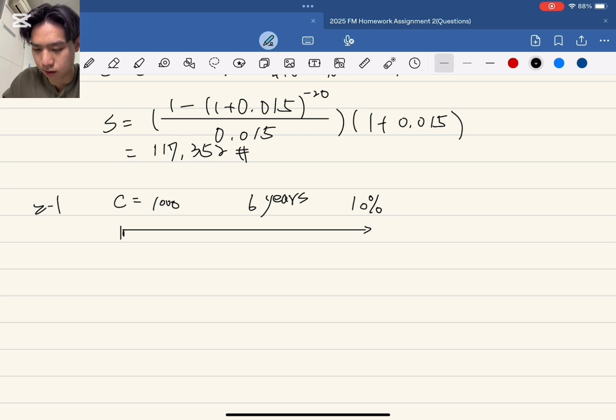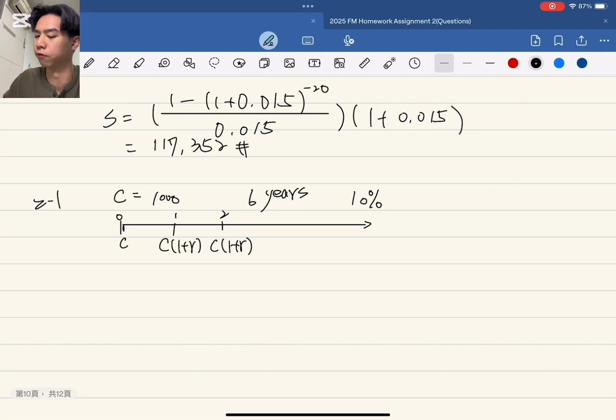At this day C is multiplied by 1 plus the interest rate, and in the second year the first cash flow will be multiplied by 1 plus the interest rate twice, so raised to the power of 2.